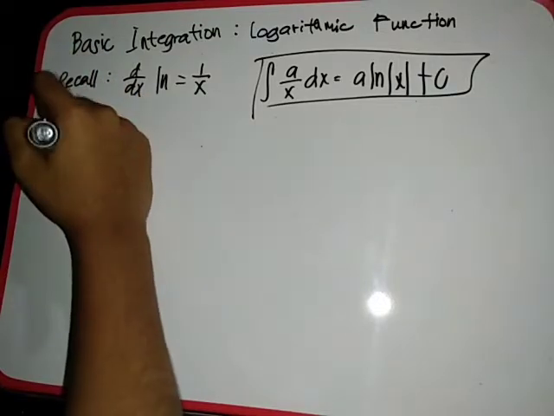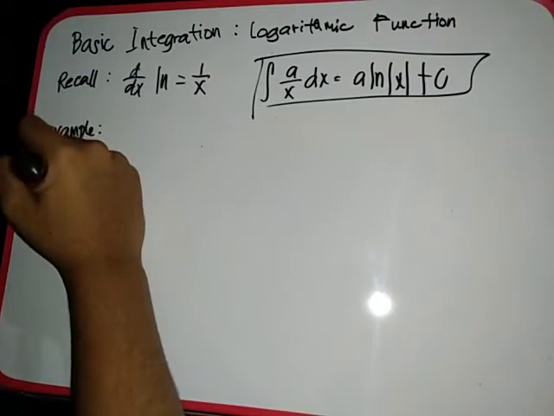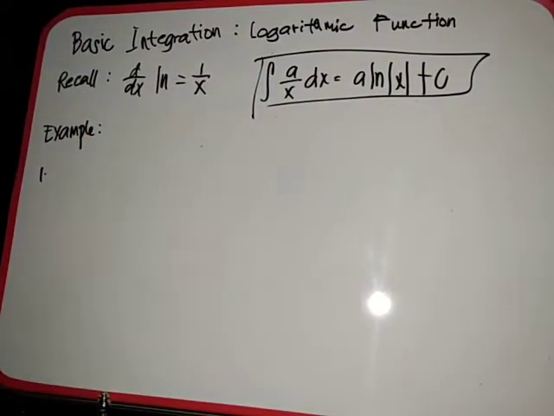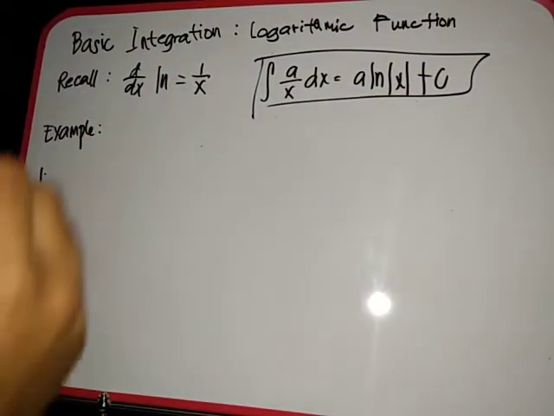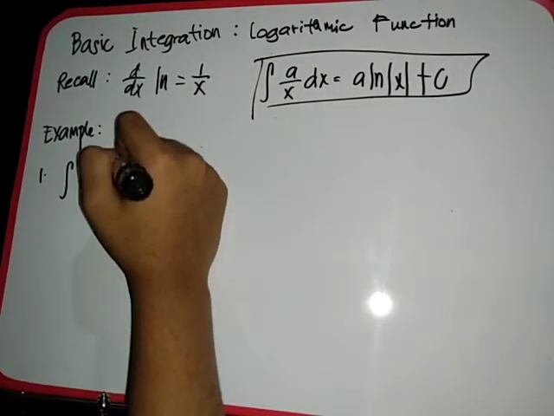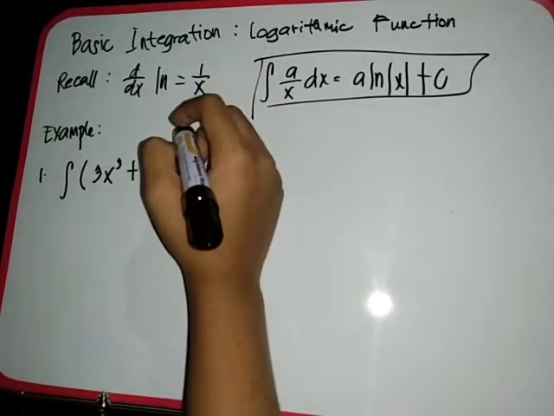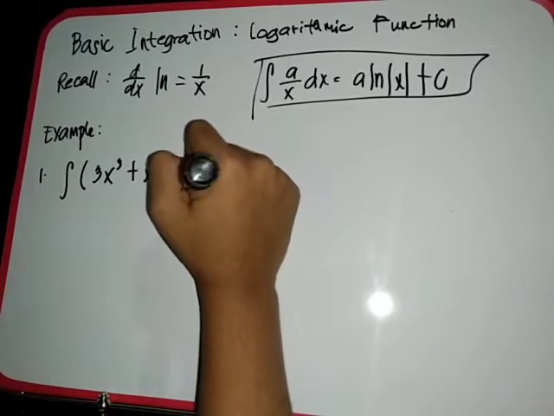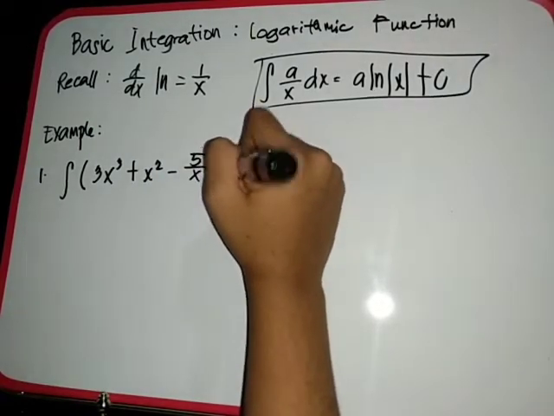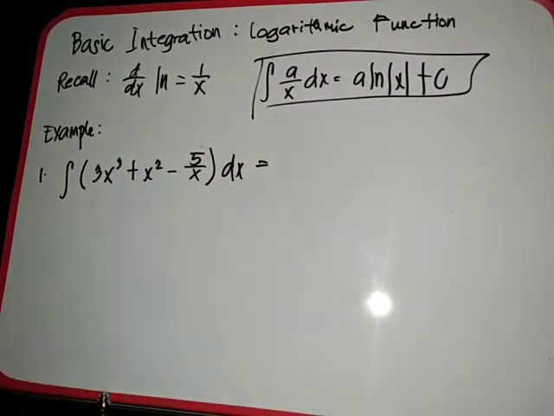So for example, number 1 is the integral of 3x raised to 3 plus x squared minus 5 over x dx. So we have to integrate this term by term.